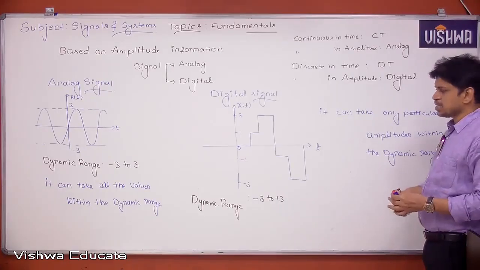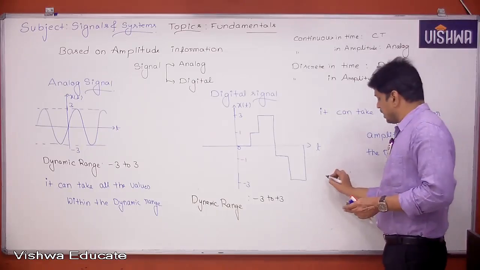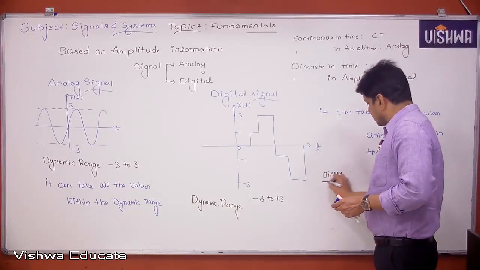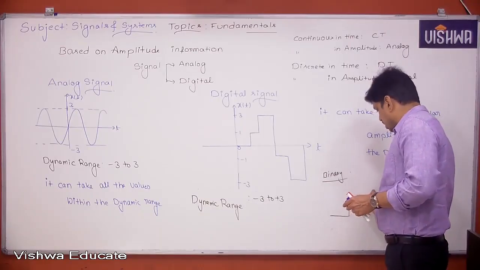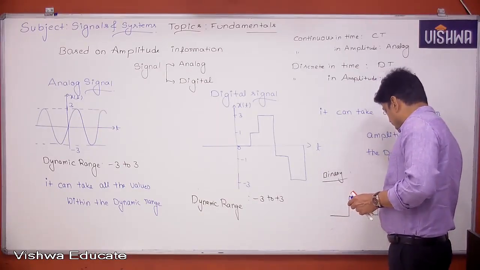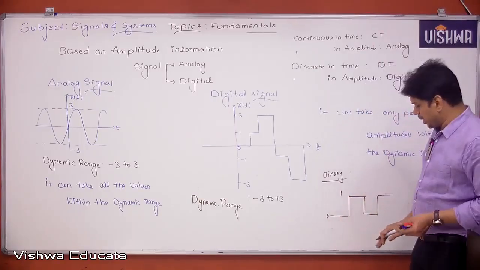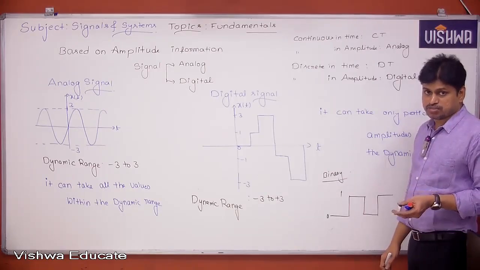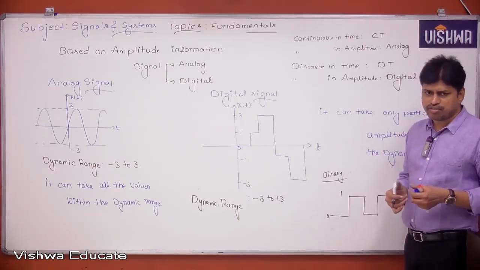The well-known example for digital signals is binary, 0 and 1. If you observe carefully, this is also a digital signal. Suppose for a time period it is 0, maybe 1, maybe 0, maybe 1, like that. The dynamic range is 0 to 1, and between 0 and 1 we actually have infinite values.